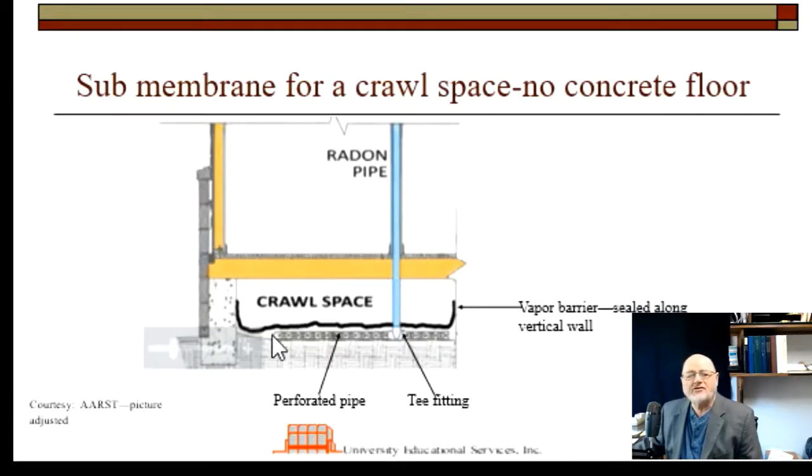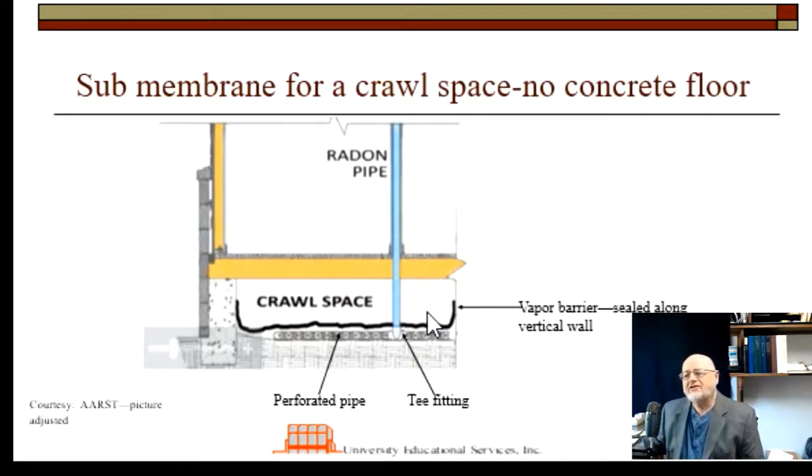And that is, there's going to be the exhaust pipe going up, of course. There'll be a T, as indicated here, and some perforated pipe that you can put here. And of course, a vapor barrier, or sometimes called the membrane, to trap the gas.